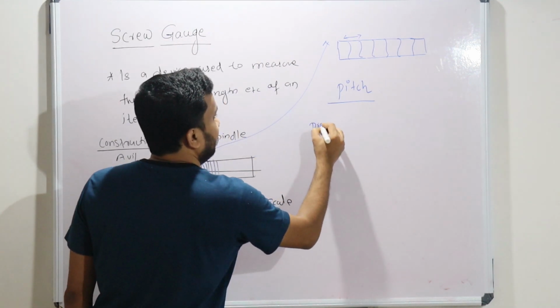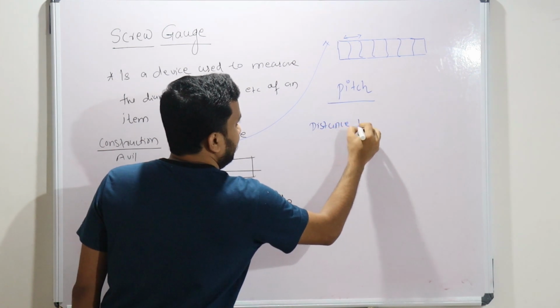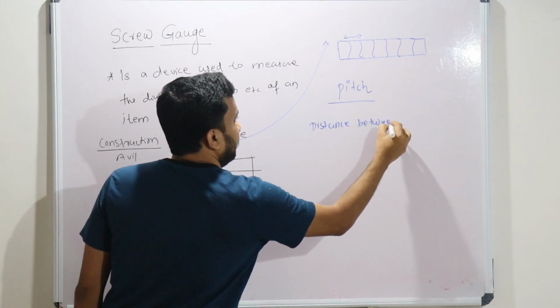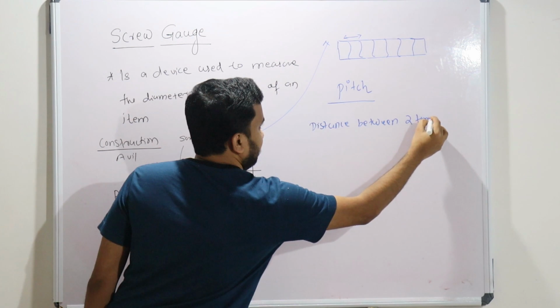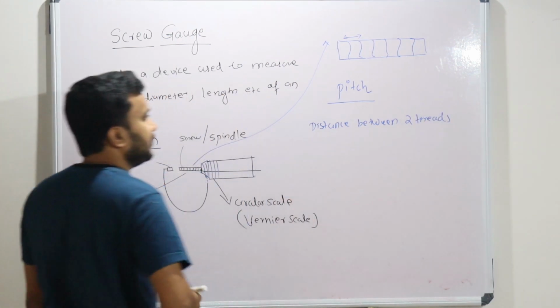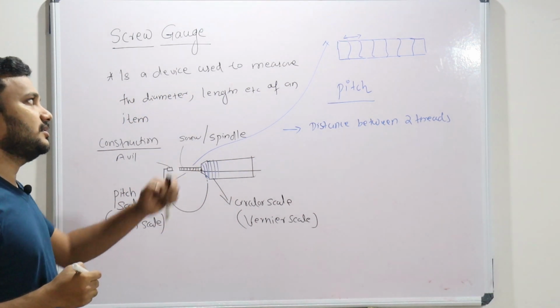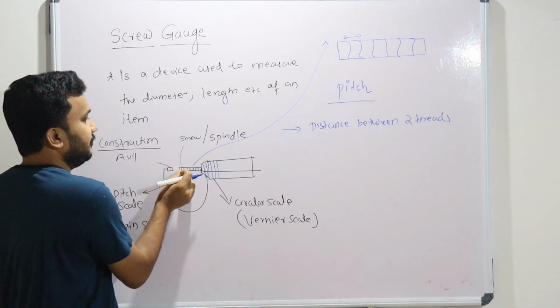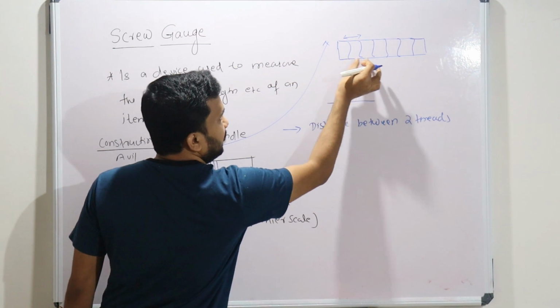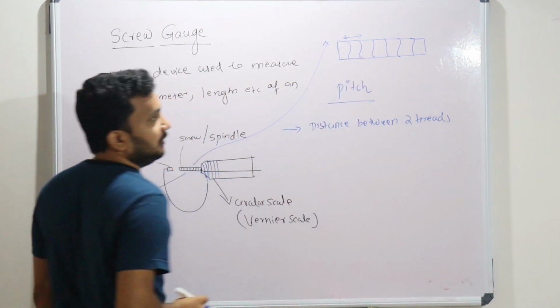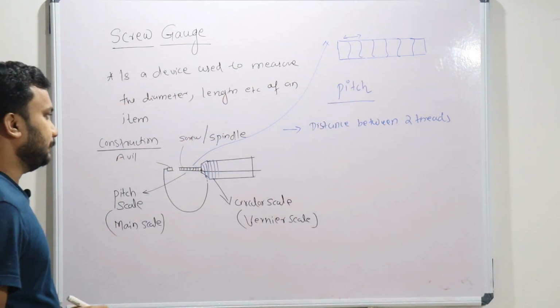So I can write: it is the distance between two threads. The distance between two threads is called pitch. This is my first point. If we have two threads, then one pitch, two pitch, three pitch, four pitch, like that. That is called pitch.